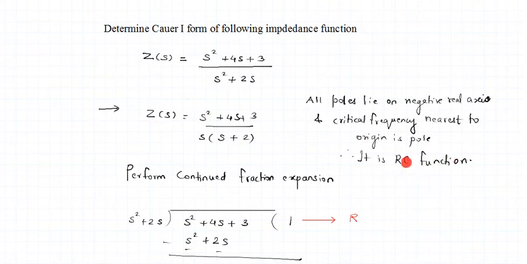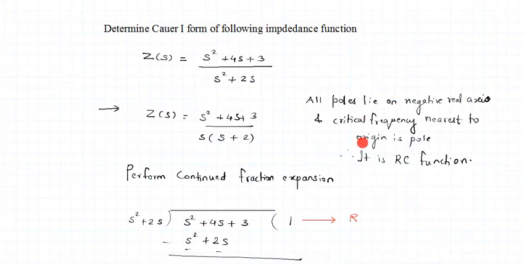Once we identify the function, now we'll apply the Cauer technique. What is the Cauer technique? This technique is to perform continued fraction expansion. After identifying the function and performing continued fraction expansion, all the elements in this impedance function will have either R or C. There is not going to be any inductive element in this function because it belongs to an RC function.